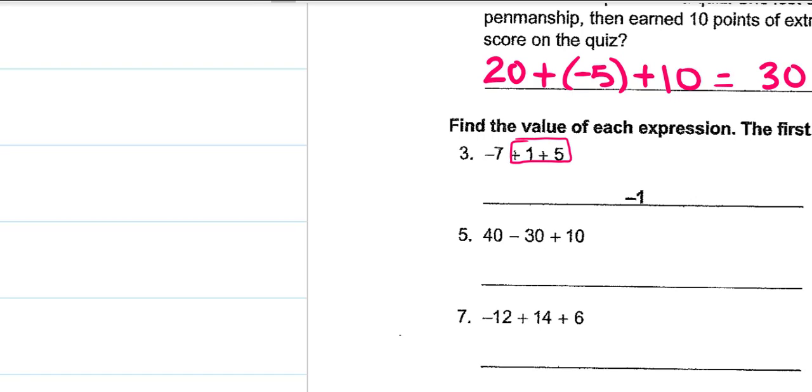So I have a +1 and a +5. That's going to give me a +6. I'm just going to bring down the -7 so I can take a look at the new problem that I have. I have -7 plus 6. My signs are different, so I'd subtract them. 7 minus 6 equals 1. The 7 is the larger value, so it takes the negative of the 7. My answer is -1. And they've already done that one for you.